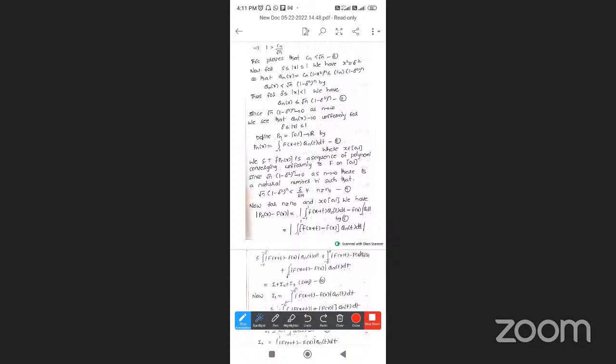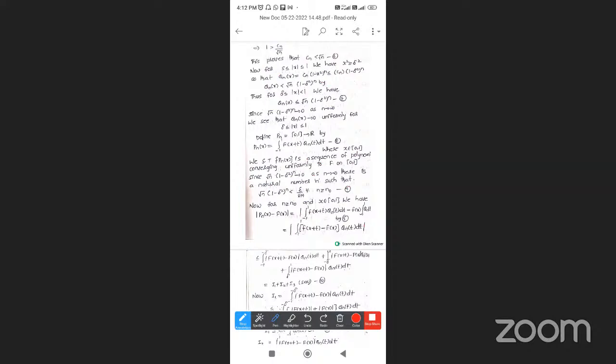We show that Pn of x is a sequence of polynomials converging uniformly to f on the closed interval 0, 1.